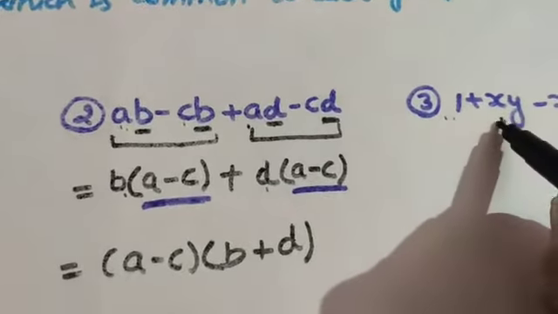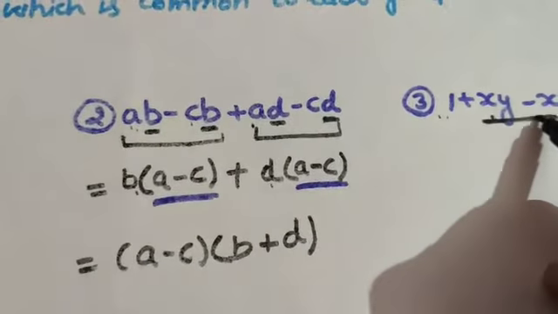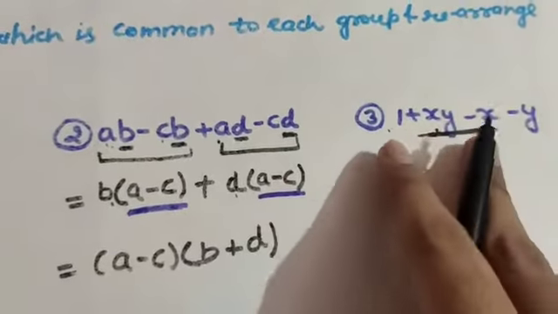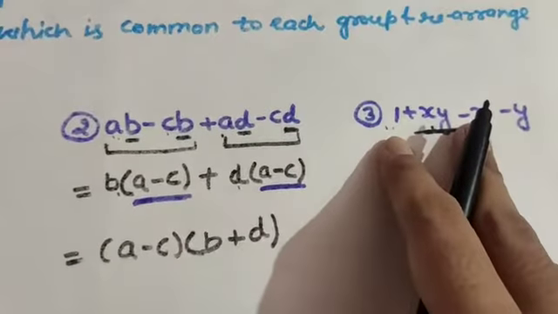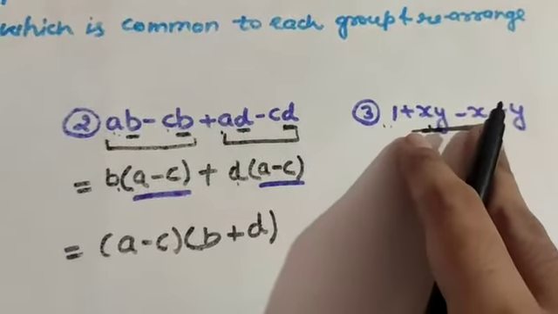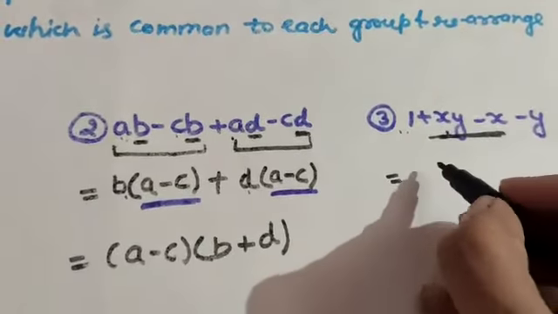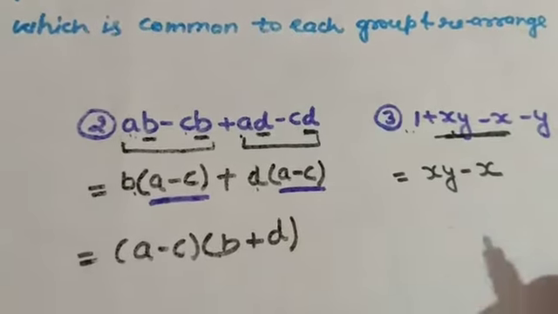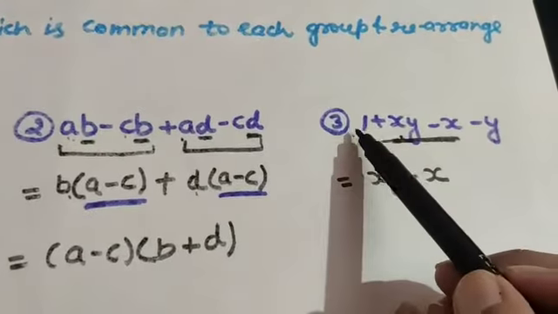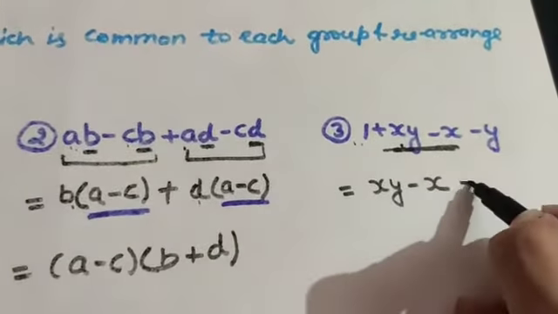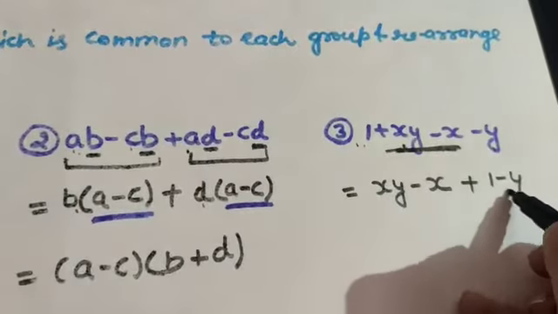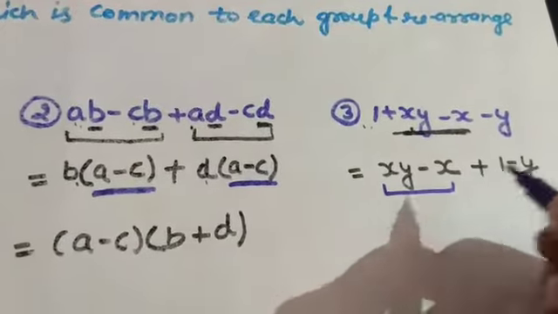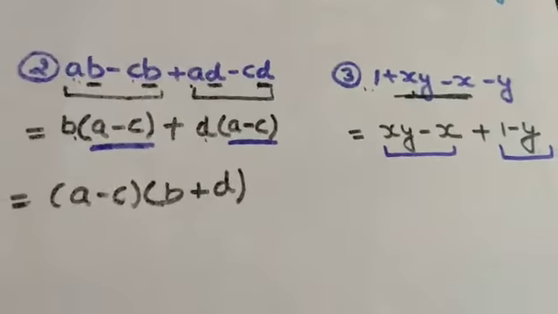When we look at the second and third terms, x is common between them. So we make a group of the second and third terms, xy minus x. Now what is left are the first and fourth terms. Write them down as they are. So this is our first group and this is our second group.